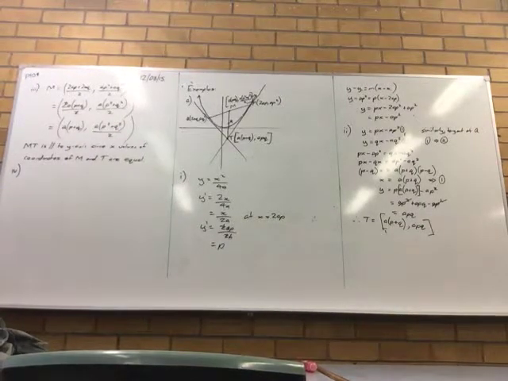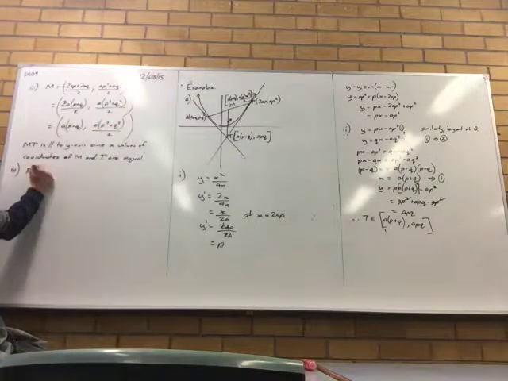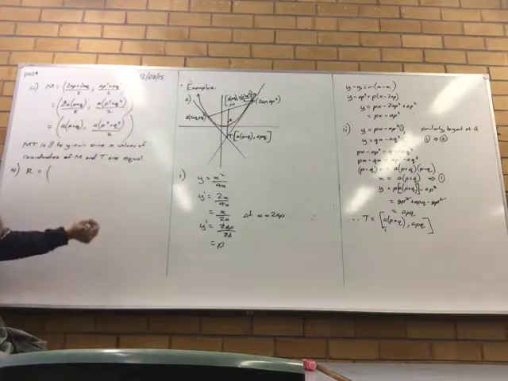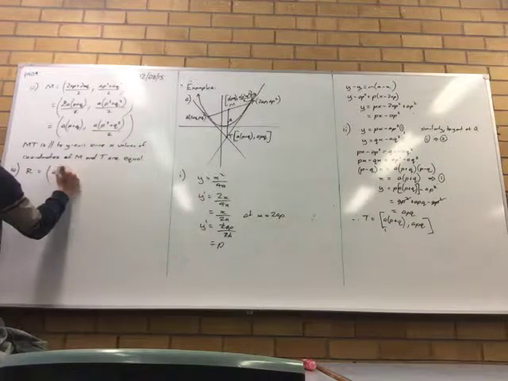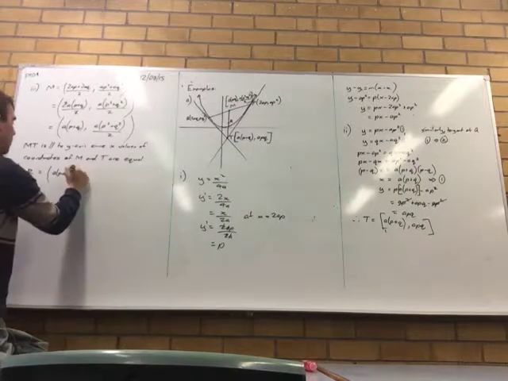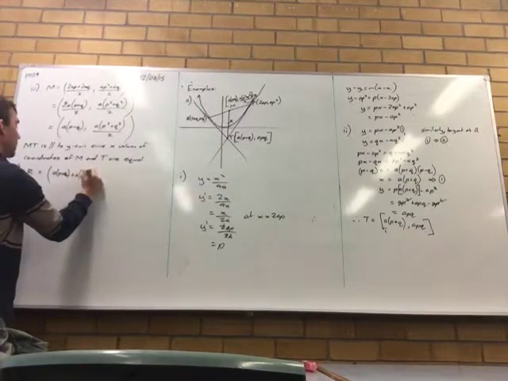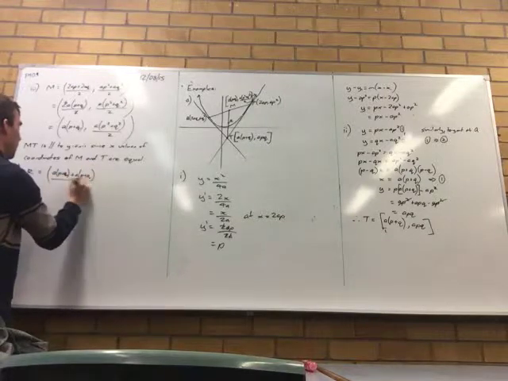Find the coordinates of the midpoint R of MT. So R, sum your x value. So that's why I've got the diagram. A outside of P plus Q plus A, P plus Q over 2.